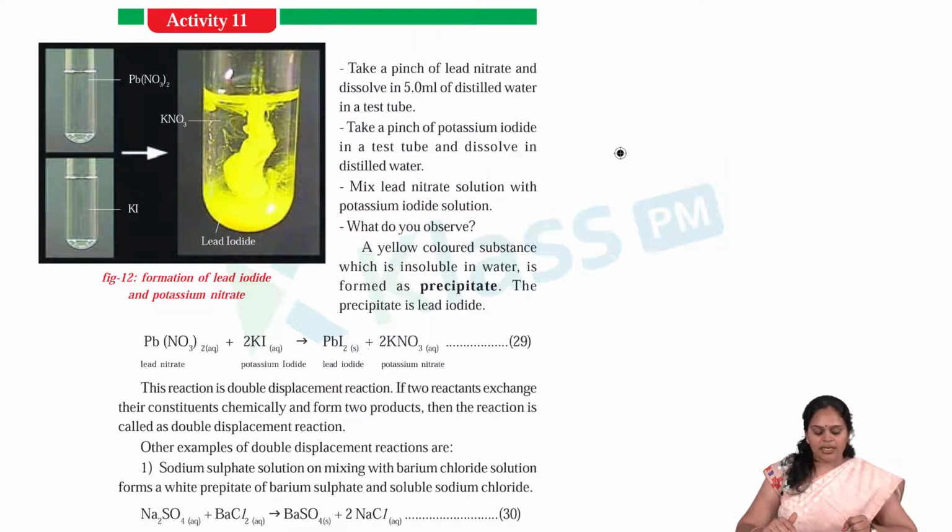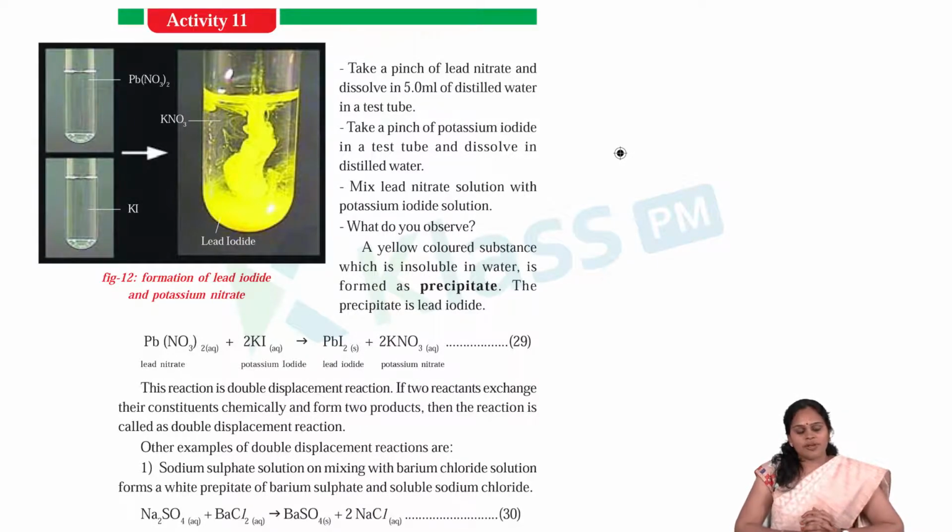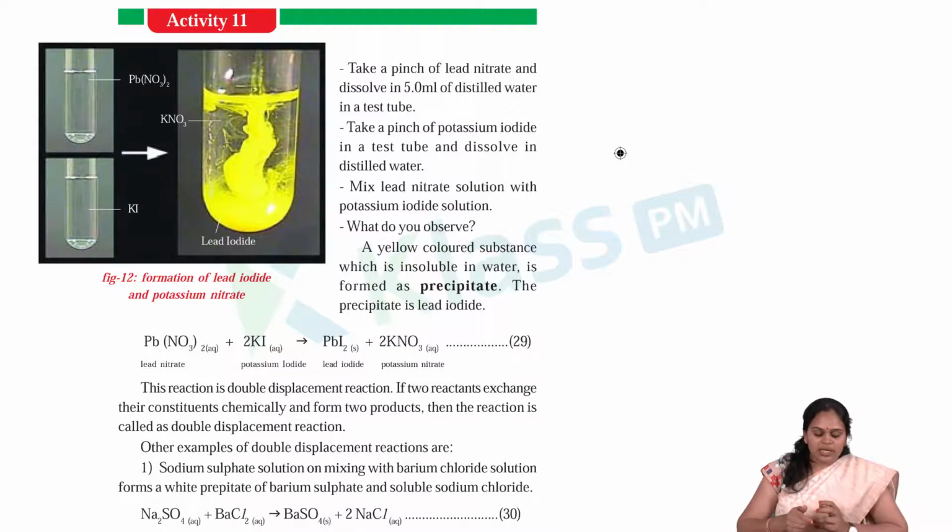It means that iron is more reactive than copper, so it displaces copper from copper sulfate. This is another example of a displacement reaction. Other examples of displacement reaction can be seen like Zn plus 2AgNO3 gives you Zn(NO3)2 and Ag is separated. Pb plus CuCl2 gives you PbCl2 plus Cu.